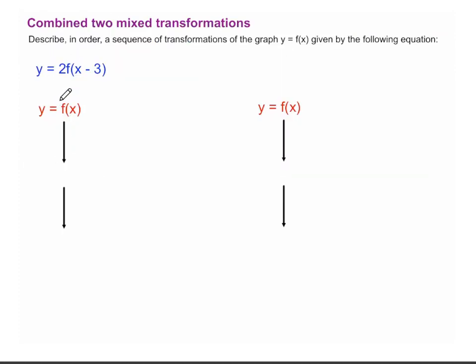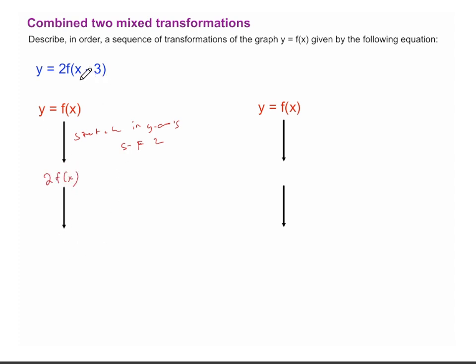In the first one, y equals 2f(x minus 3). There are two ways to go about this. You first start off by multiplying by 2, meaning you stretch in the y-axis by scale factor of 2, and you end up getting 2f(x).